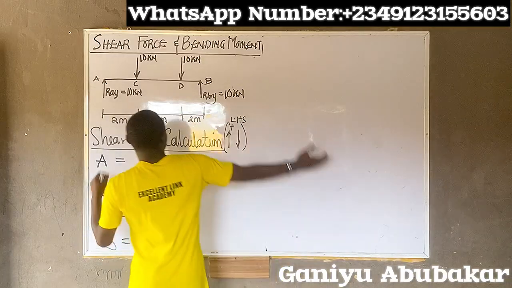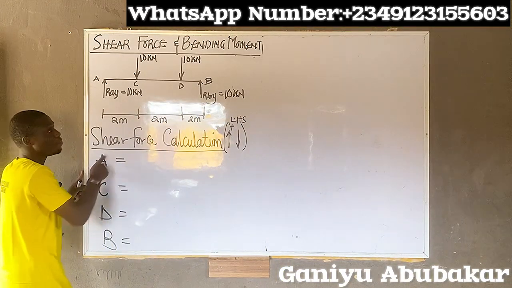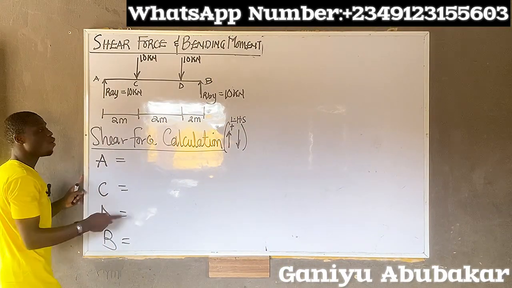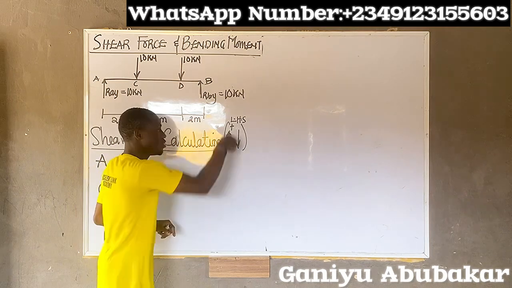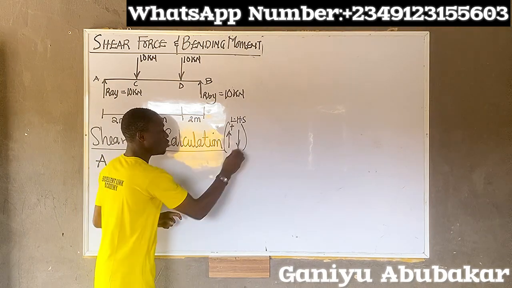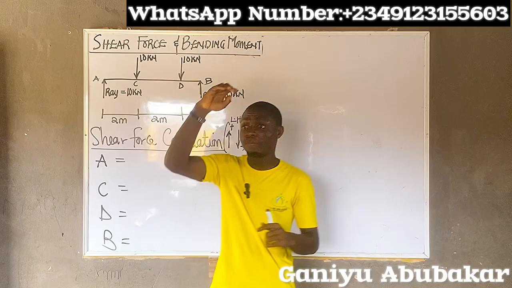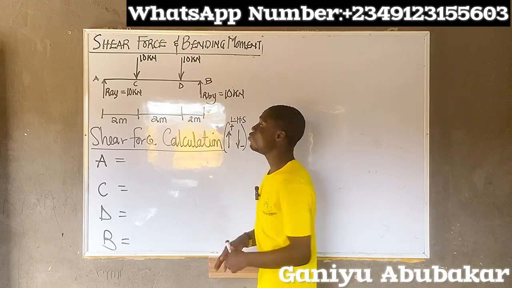If I want to move from the right, then I consider B first, before D, before C, and I'll make up negative, down positive. But we're all familiar with up being positive, down being negative. So I say, let's use the left hand side.